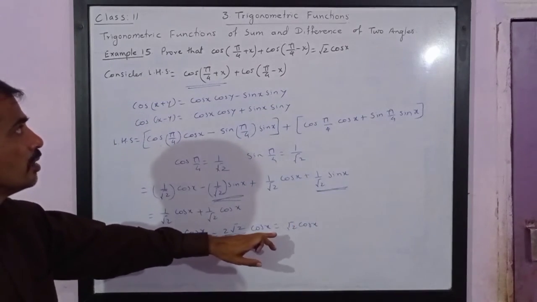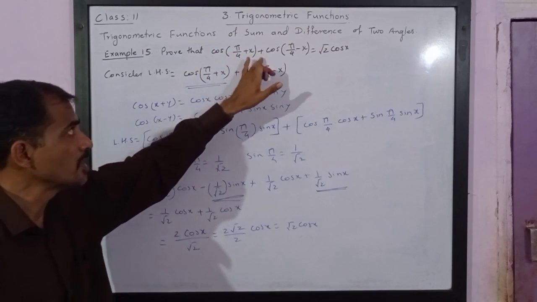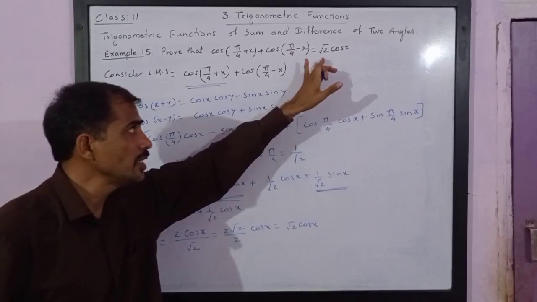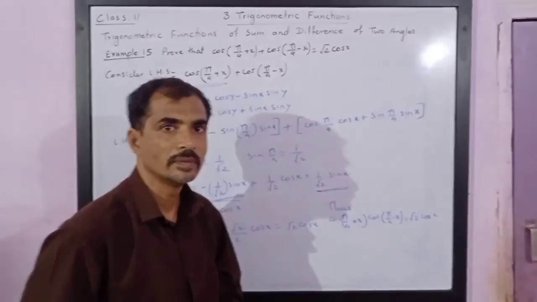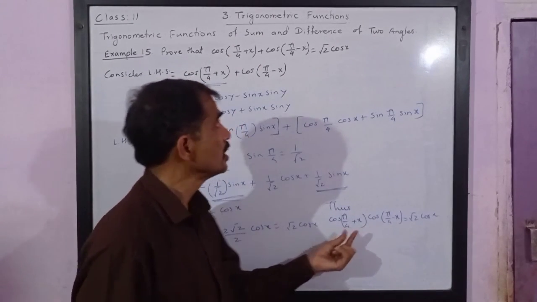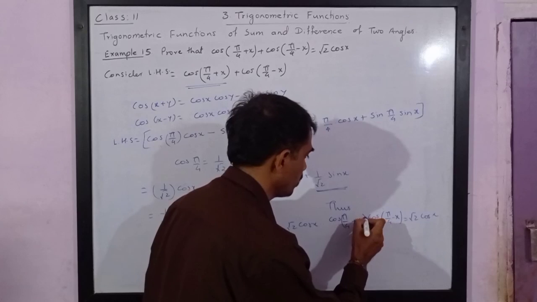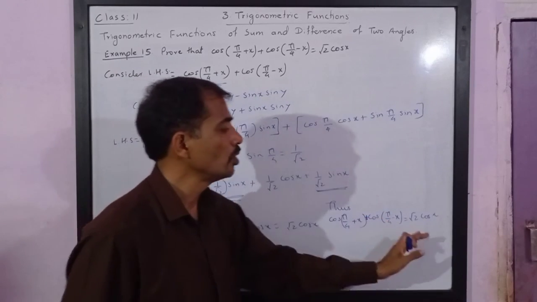So we can say the result cos of pi upon 4 plus x plus cos of pi upon 4 minus x is equal to root 2 cos x. Hence we have proved our result, that is cos of pi by 4 plus x plus cos of pi by 4 minus x is equal to root 2 cos x.